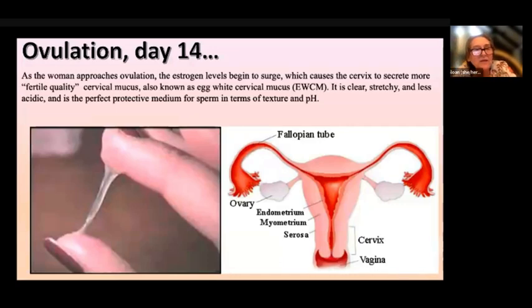It's clear, it's stretchy, and it's less acidic, because at other times of the month the mucus can be much thicker and acidic in the vagina, and it would actually stop the sperm from being able to make it all the way up to the fallopian tubes. But when it's ovulation time, the woman's mucus changes, and that allows the sperm to move on up to the fallopian tubes.